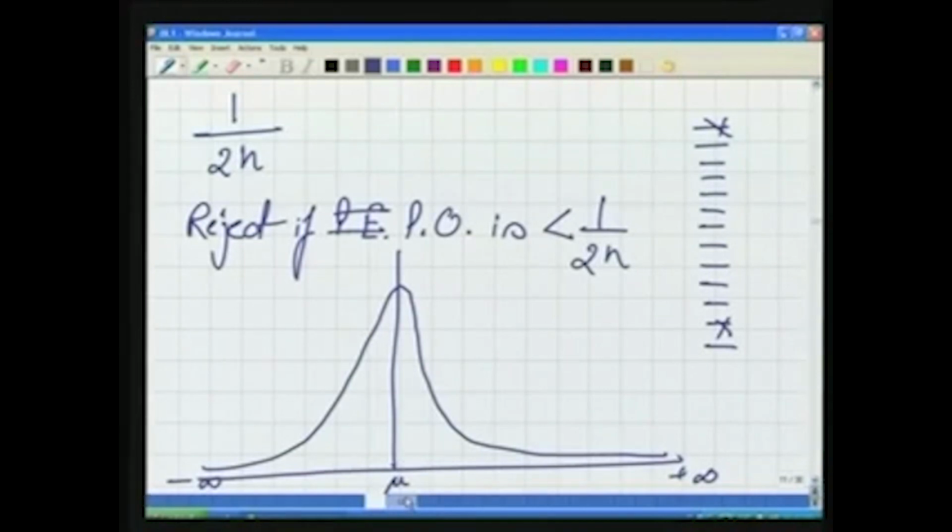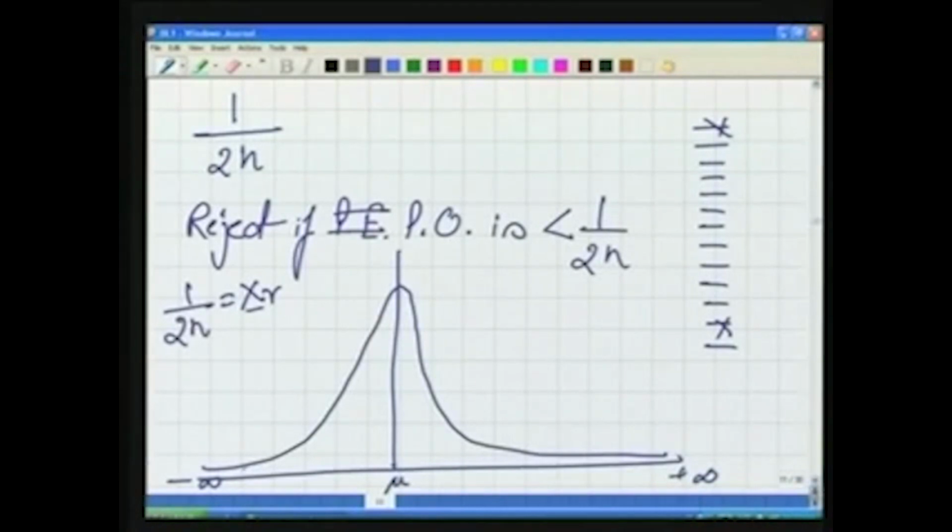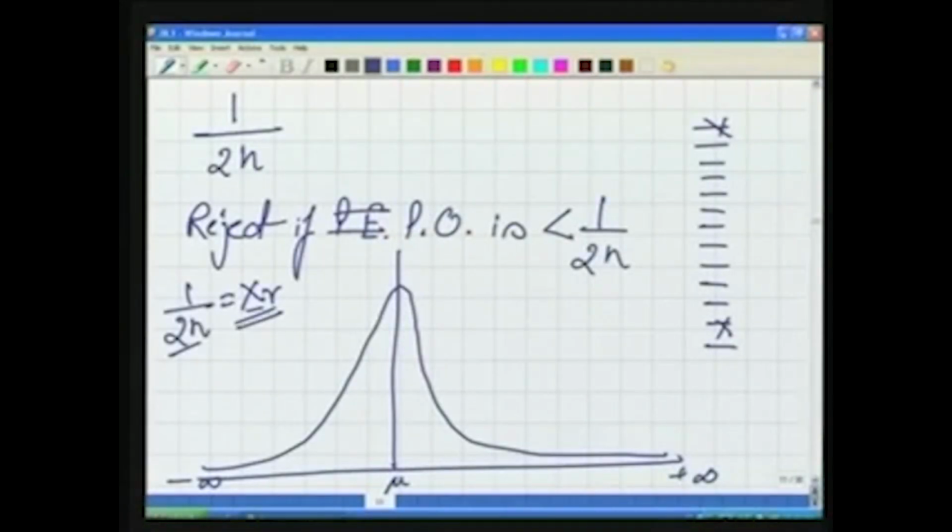Let us say 1 by 2n is a value x r, the value of the variable. Now, we are saying you have to reject an observation if its probability of occurrence is less than this. So, whatever we are computing, 1 by 2n, let us say 1 by 2n is this. Now, if you find 1 minus x r, what will it be?